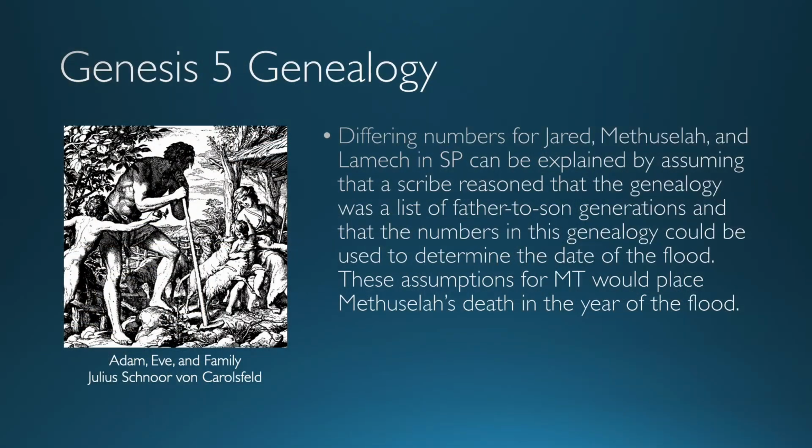Okay, differing numbers for Jared, Methuselah, and Lamech in the Samaritan Pentateuch can be explained by assuming that a scribe did think that they were a list of fathers and sons with no generations skipped. And so they did it to make sure that Methuselah died before the flood was done.